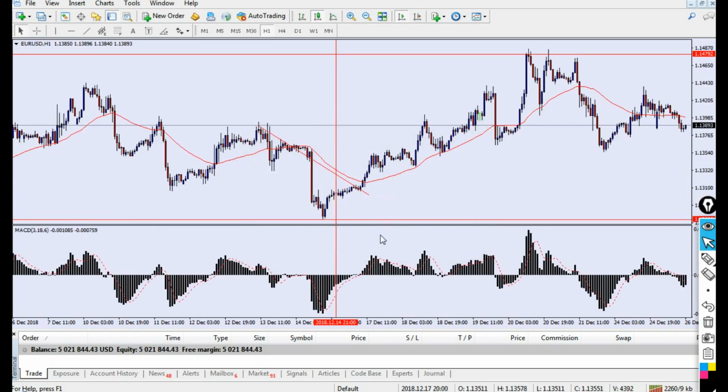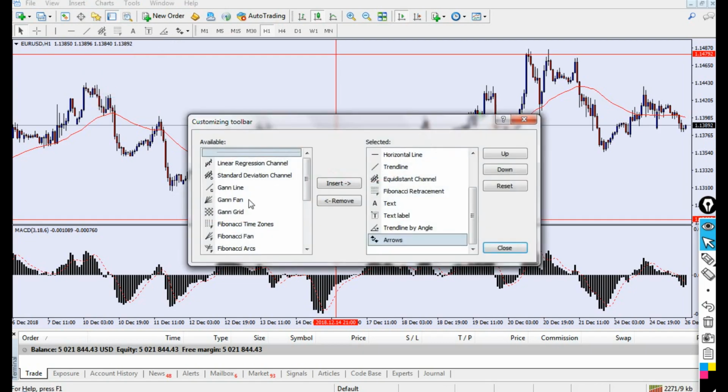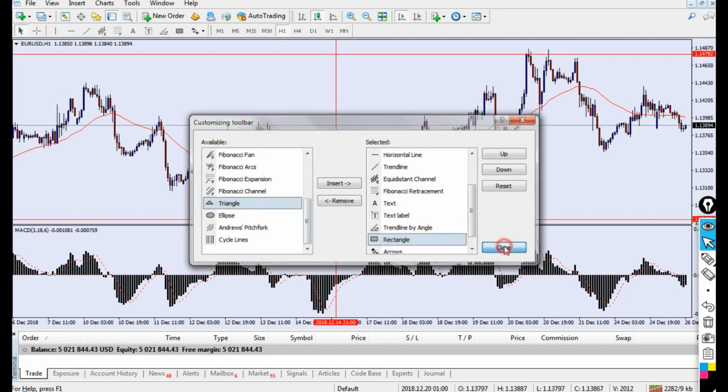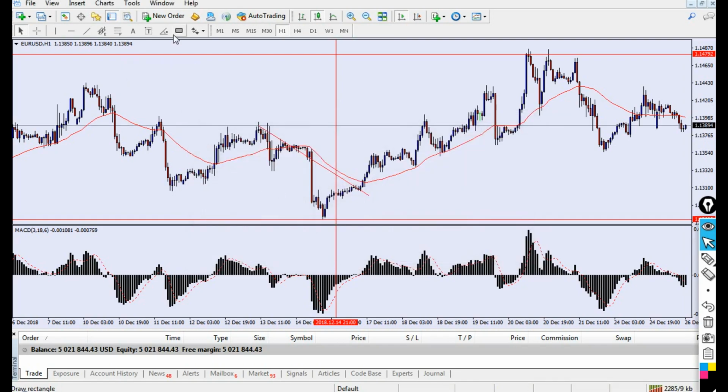Now let me insert another thing, customize, and you take a drawing tool here, rectangle. Okay, now it's more comfortable to watch. When you see, you are here at this portion.